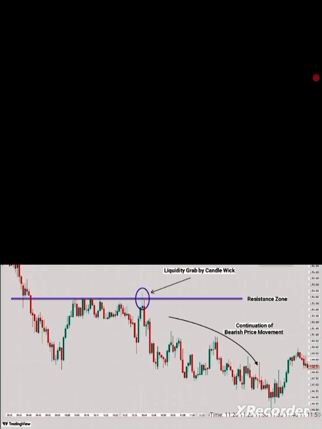The first thing that you do when you open your chart, after discovering your overall bias, you discover the structure that is in control of the market for that particular time. Then what else you got to do is to use your tools to draw, underline your significant support and resistance zones.